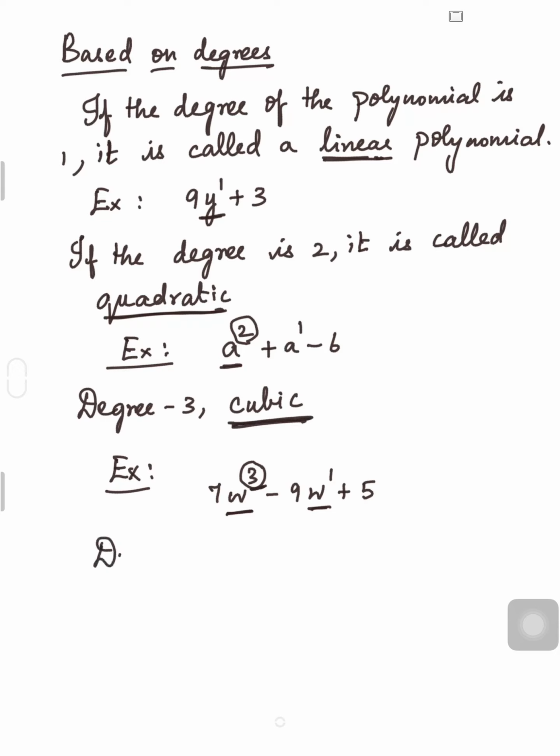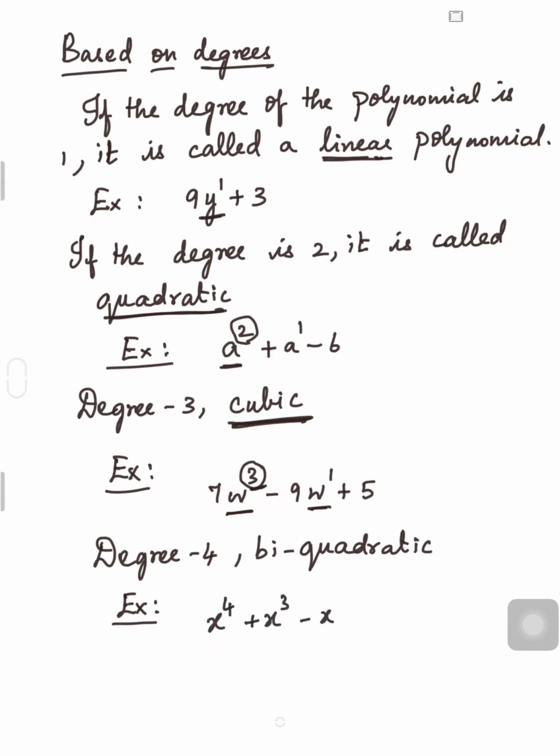Cubic polynomial. And if the degree is 4, you call it a biquadratic polynomial. Let me give an example. X power 4 plus x cube minus x squared plus x plus 11.